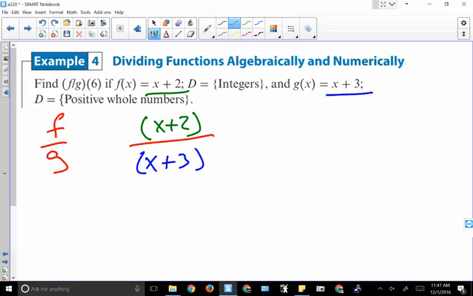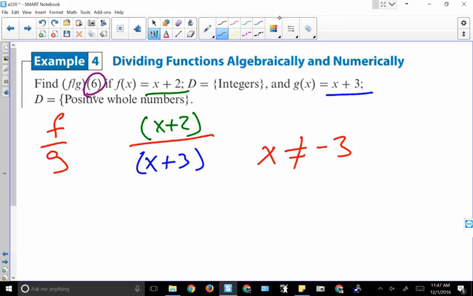Just being divided. Now, there's one catch and one catch only. X cannot be equal to -3. If x is equal to -3, will this thing work? No, because you end up getting 0 in the denominator. Division by 0 is undefined. We get a problem.